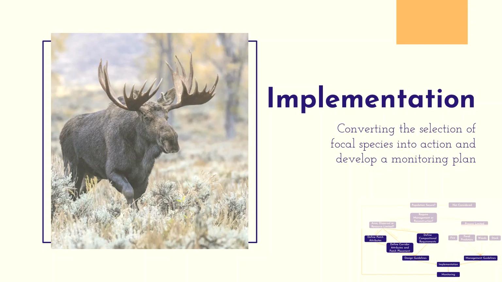The needs of these focal species define the minimum requirements that must be exceeded, and these minimum requirements are then generally expressed spatially to act as an explicit guideline for management and conservation planning.